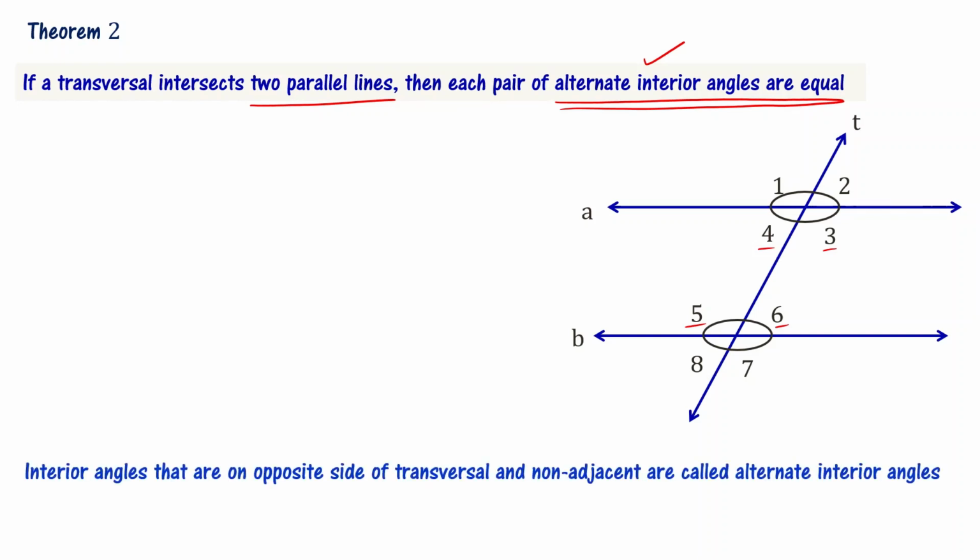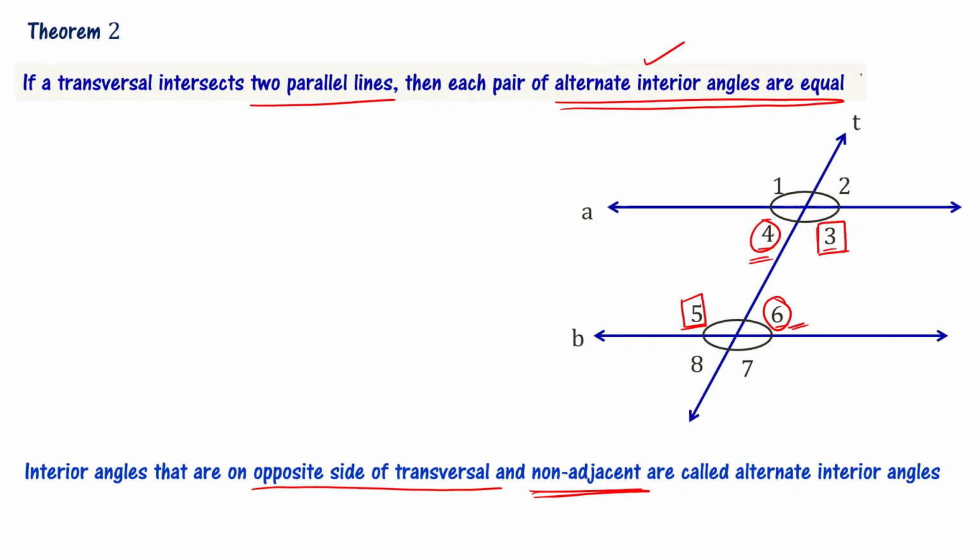Those are the interior angles that are on opposite side of the transversal and non-adjacent. అపోజిట్ సైడ్ ఉండాలి and they should not share a common point, కామన్ వర్టెక్స్ షేర్ చేసుకోకూడదు. 3 and 5 is one pair of alternate interior angles. 4 and 6 is another pair, right?